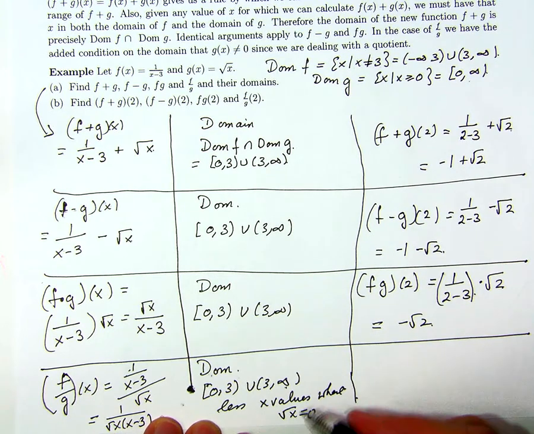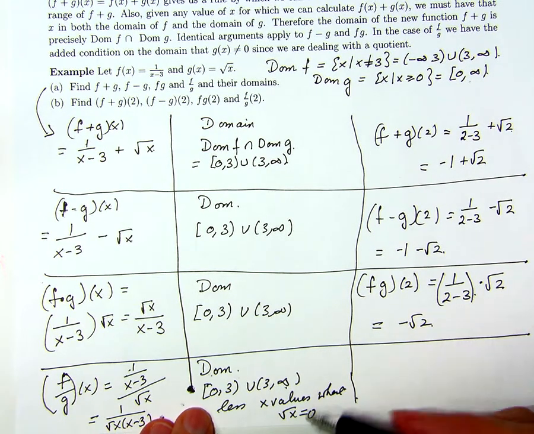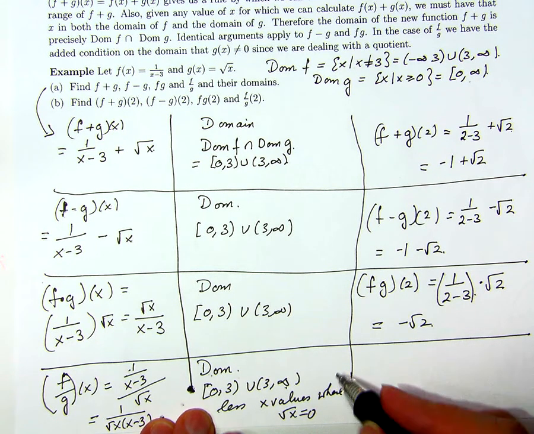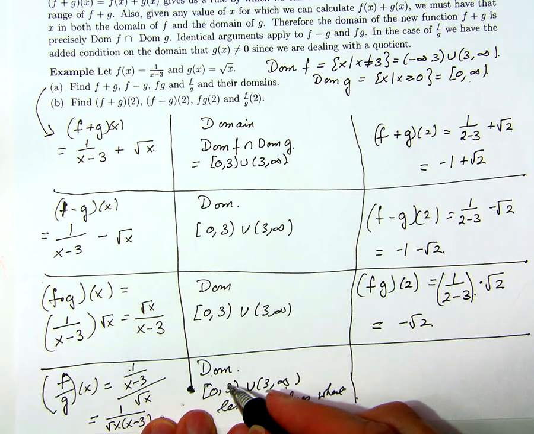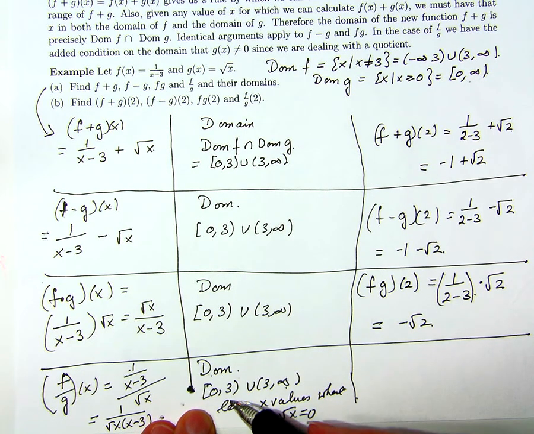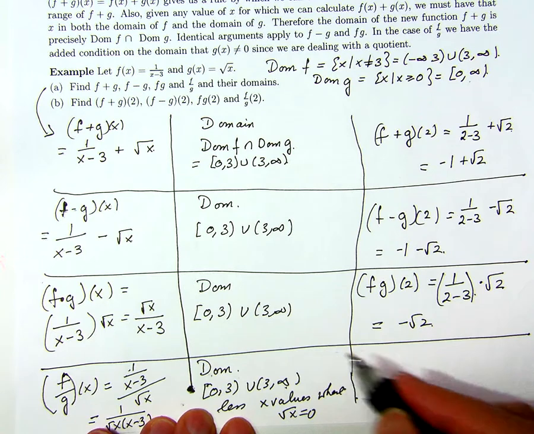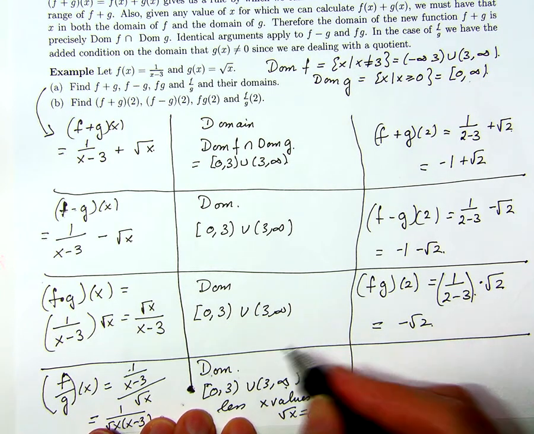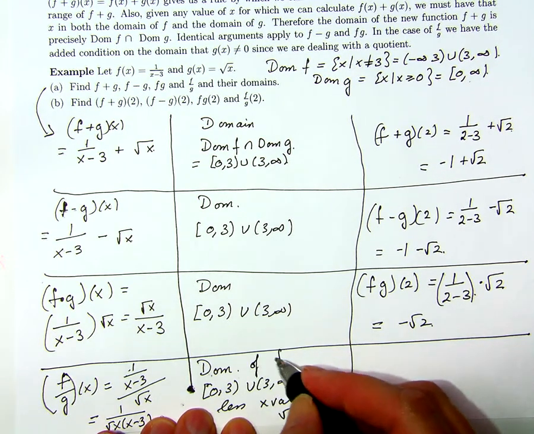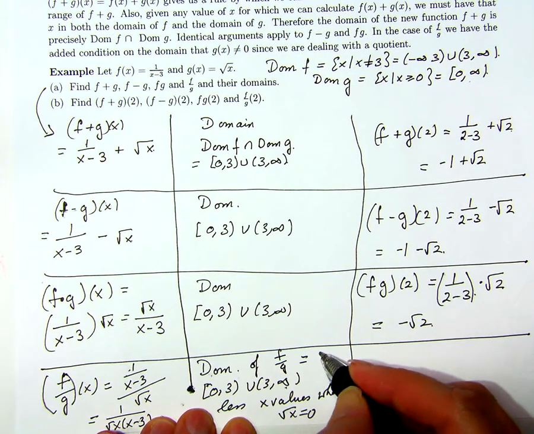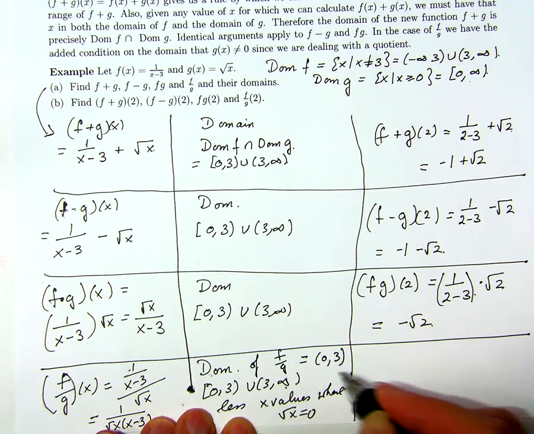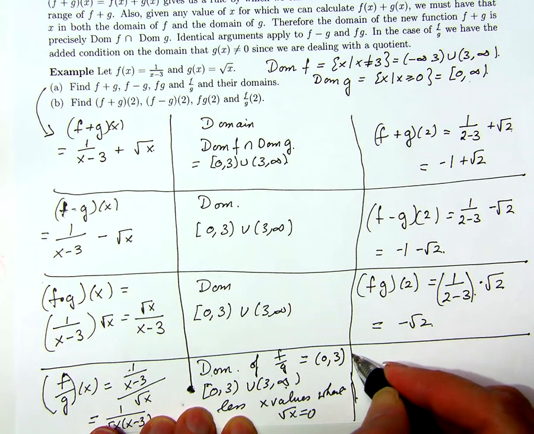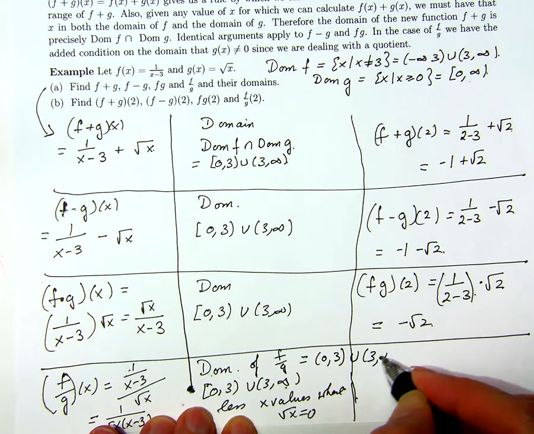So there's exactly one such x value. We have to omit those x values where the square root of x equals 0, and in particular that only happens when x equals 0. So this is this set without the point 0 here. So the domain of f over g is equal to everything from 0 to 3, not including 3, union everything from 3 to infinity.